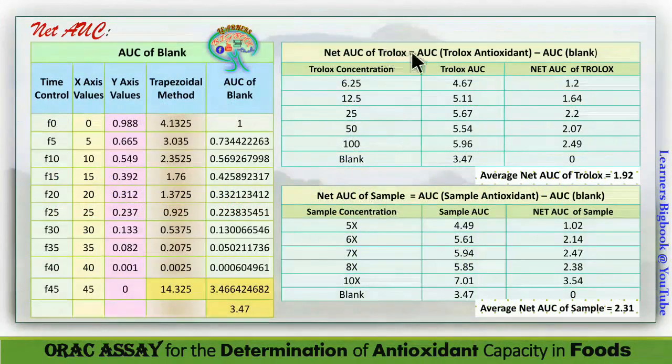So net AUC of Trolox will be the AUC of Trolox antioxidant, which we have taken from the previous, minus the AUC of blank, which we have taken here, where the Trolox concentrations will be 6.25, 12 and so on. The Trolox AUC corresponding to the concentration will be considered, and you are going to subtract the blank AUC, so you get 1.2.